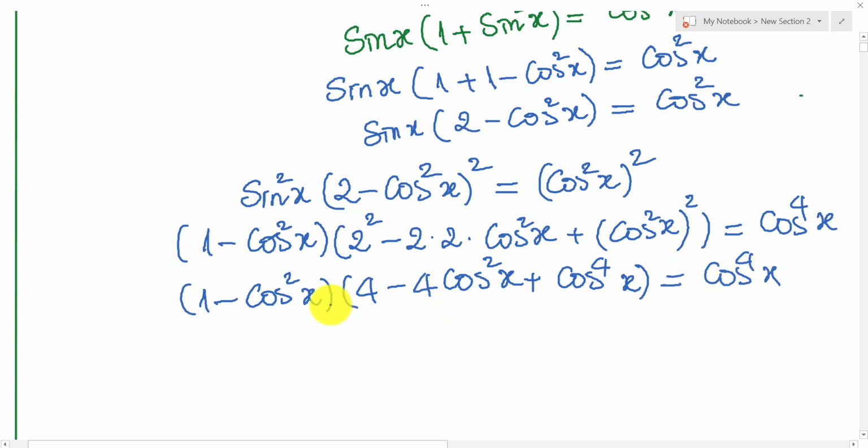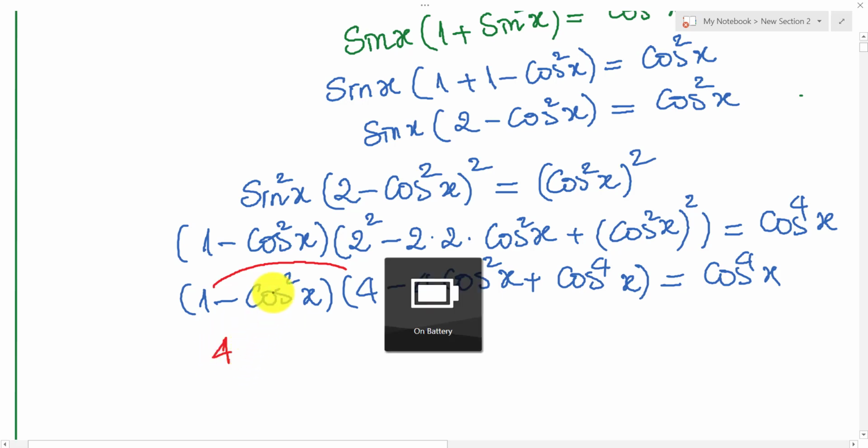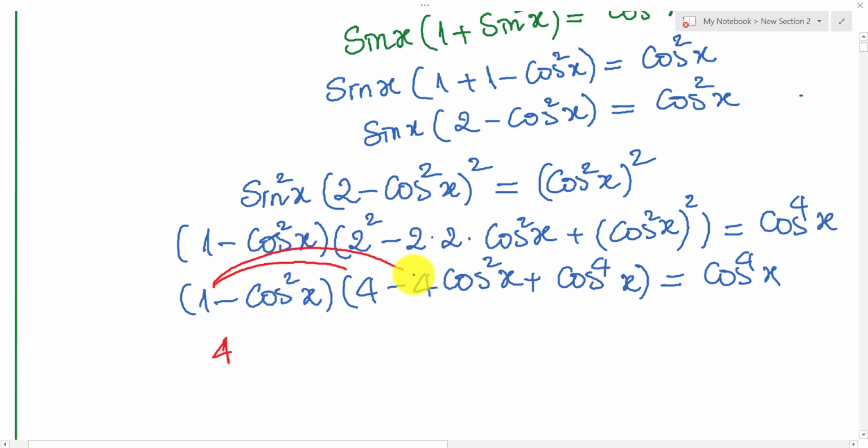And then we can expand it. Multiplying, we get 1 times 4, which is 4. Then we get minus 4 cosine square of x, and plus cosine power 4 of x.